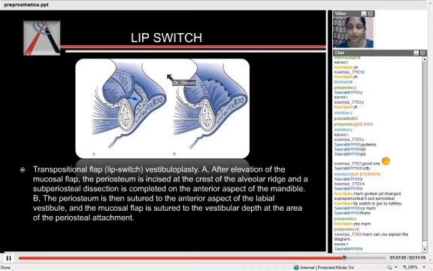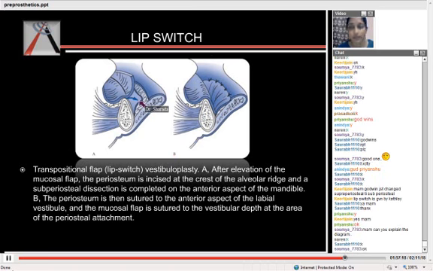Okay, the diagram. Observe. This small flap here, where the arrow is pointing, was taken from the lip. This is the person's lip. So from the inner part of the lip, this flap was taken. And from the bone, this part, this flap was taken.